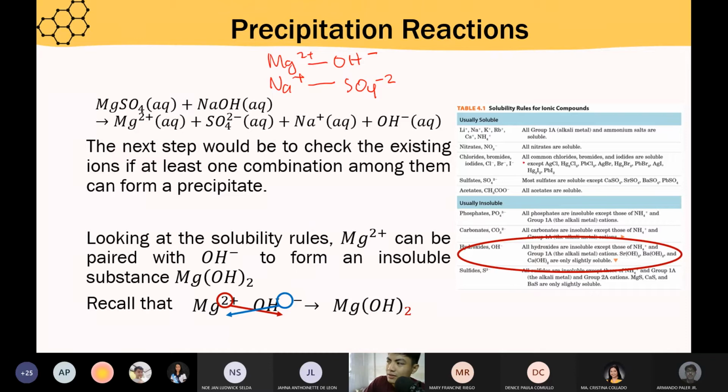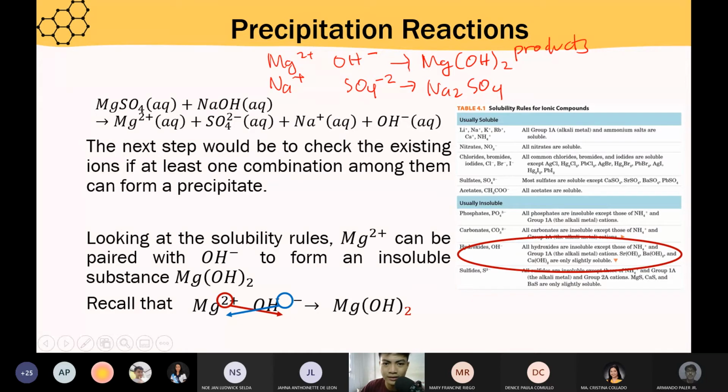So ngayon, tingin tayo dito sa table. Bago pala tayo tumingin sa table, alamin na natin yung crisscross niya. Okay, let's determine the crisscross formula. That will be Mg(OH)2. This will be Na2SO4. So ito na yung products mo. Okay? So, double displacement lang yan. Gawin mong ions, then pagpalitin mo ng partner, then you crisscross again.